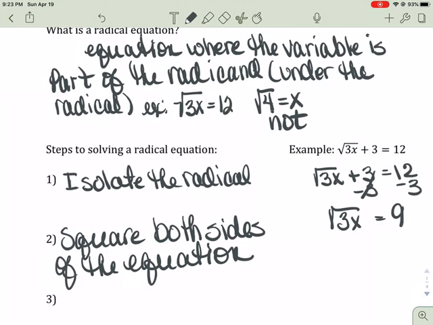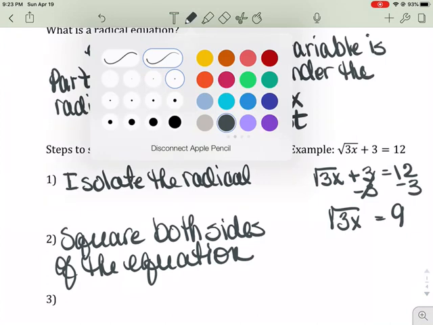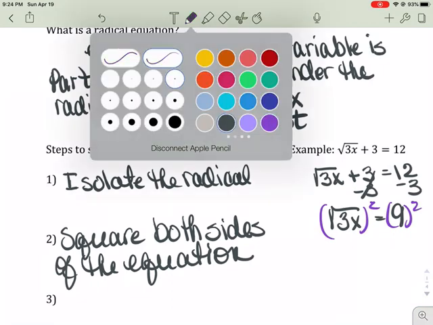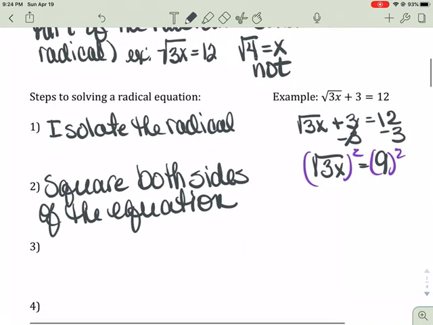Now, if it was a cube root, we would want to cube both sides. If it was the fourth root, we would want to take it to the fourth power. So whatever the index is, that is the power that we want to raise both sides to. So we're going to square these. And remember, you have to do it to both, rules of math. Do it to one side, you got to do it to the other. So what happens is that you're going to end up with 3x is equal to 81.